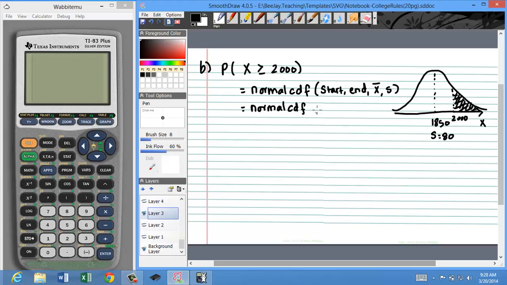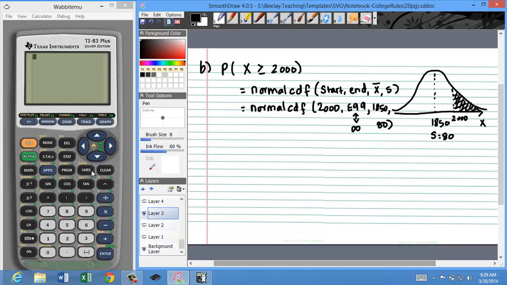It starts at 2000 and it ends at E99, which is infinity. E99 is just the representation for infinity. We are heading toward the positive side, so we're going toward positive infinity, and we follow it up by the mean. Mean is 1850 and standard deviation is 80.